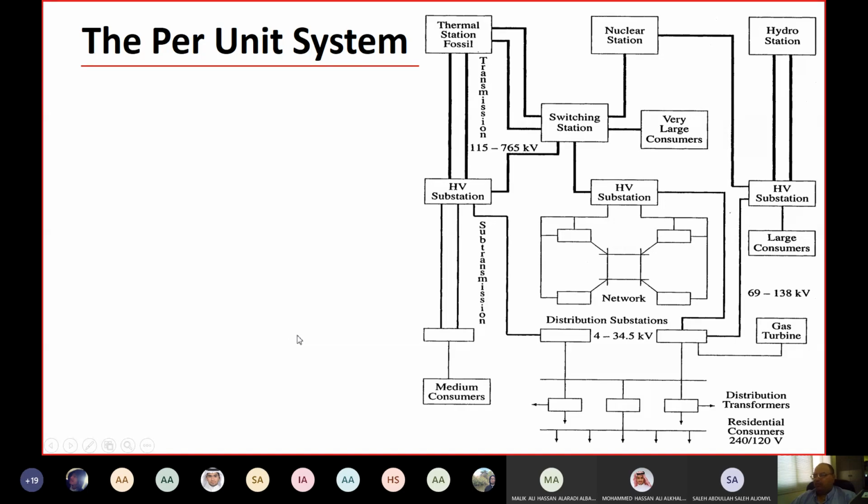Okay, let us move to periodic systems. This is the typical power system. You have some generation plants here, thermal station, and you have nuclear station, you have hydro station. Do we have nuclear station here in Saudi Arabia? Not yet, but we will have soon.